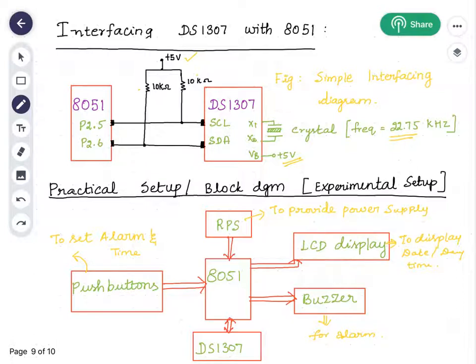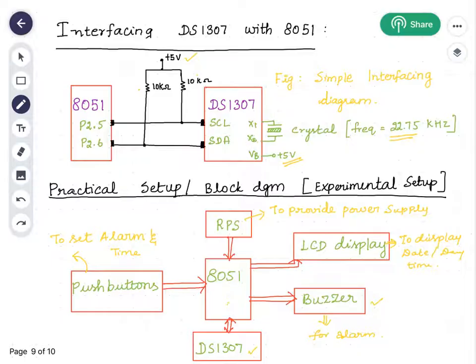The practical setup. By considering the practical setup, 8051 can be interfaced with the RTC device DS1307. For alarm purposes, we can interface a buzzer.